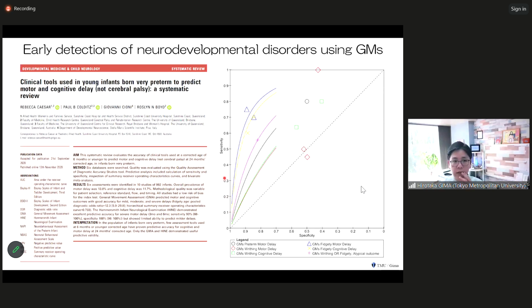As we can see from the blue and yellow lines, the qualitative abnormality of general movements in early infancy suggests later motor delay and cognitive delays.